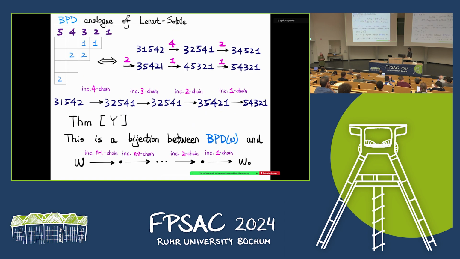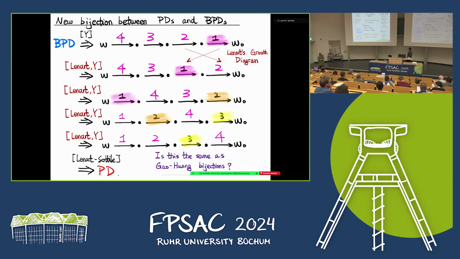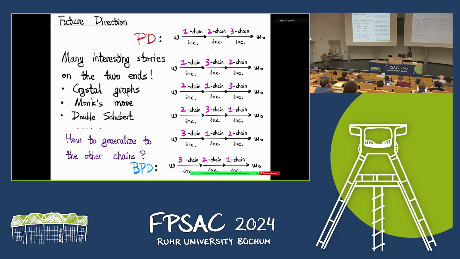So I computationally checked all the way up to S7. I believe it should be the same, and I actually have a reason for it. Knutson and Udell define something called hybrid pipe dreams. In this picture, they correspond to 2^(n-2) of these different chain labelings. They gradually change their hybrid pipe dreams, turning a PD into a BPD.